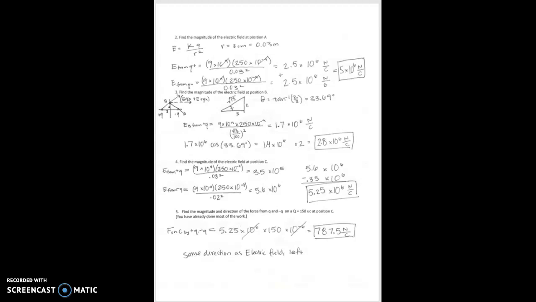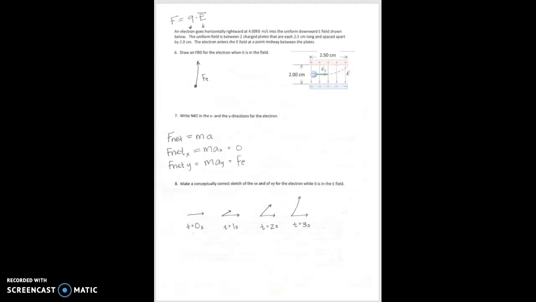When I multiply, as you can see here, electric field by this new charge, I get the new magnitude, 787.5 newtons. And like I said, same direction, so it's going left.